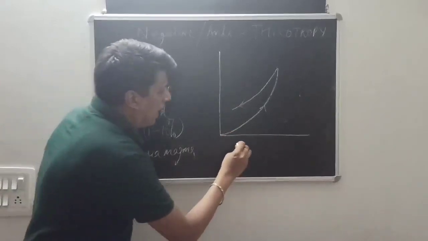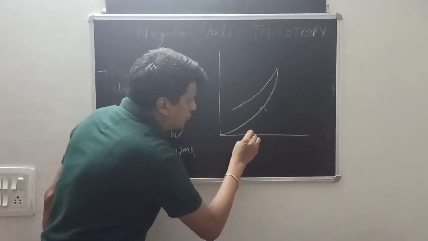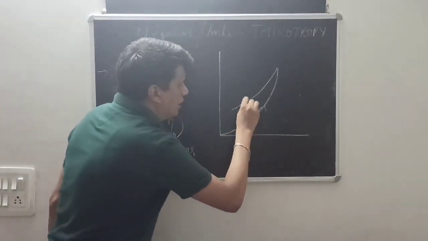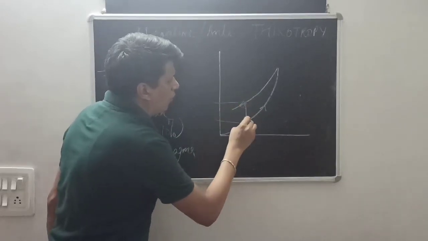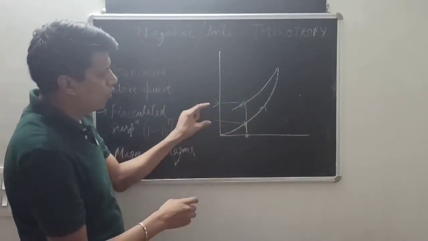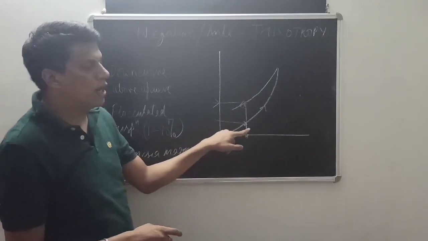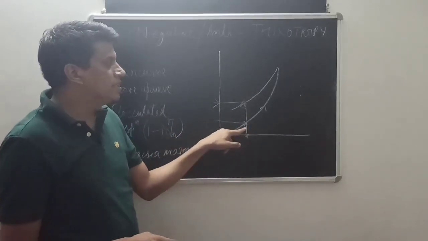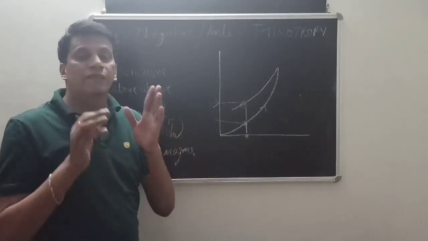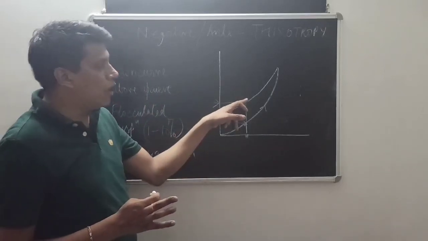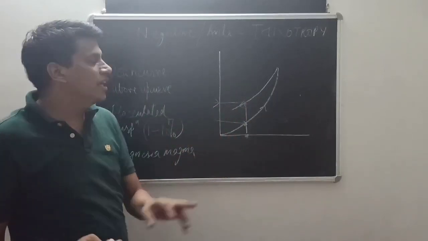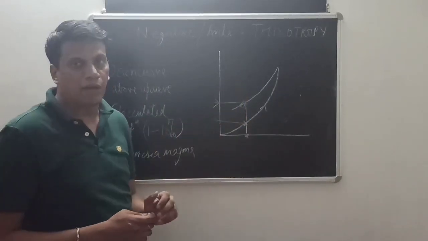This means at the same shear value, the stress required for the down curve is more as compared to that required by the up curve. This means at every point, the viscosity of the down curve is greater than the viscosity of the up curve.